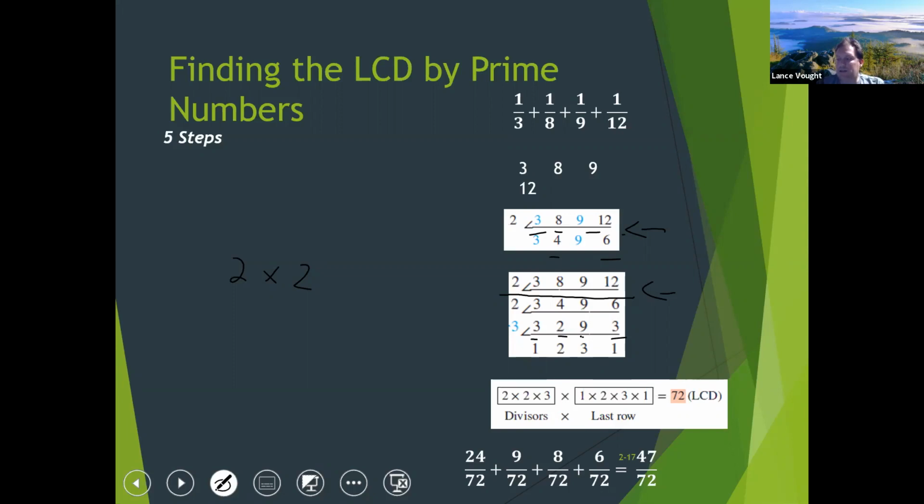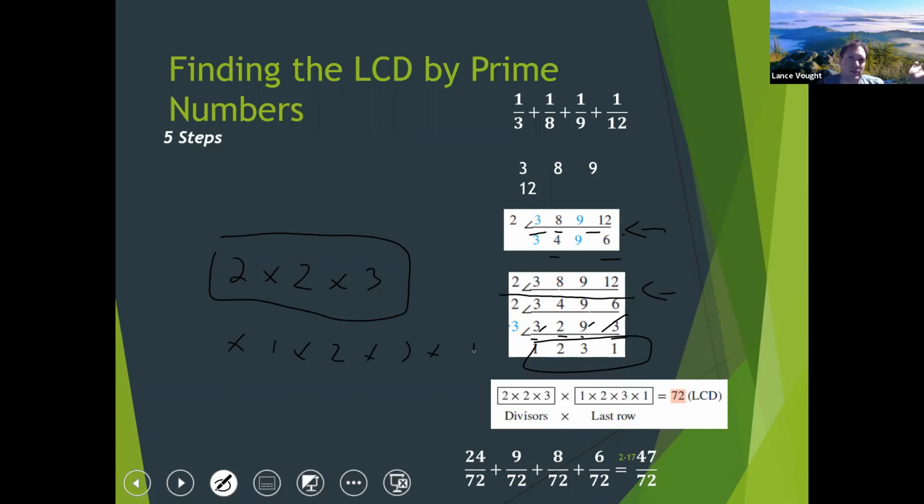But we can divide these by 3. So this becomes 1, this becomes 3, this becomes 1. So we multiply by 3. And then we multiply these numbers by the numbers that remain. So we do 2 times 2 times 3 times 1 times 2 times 3 times 1.